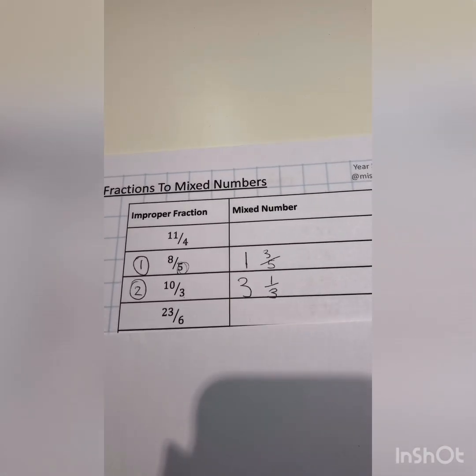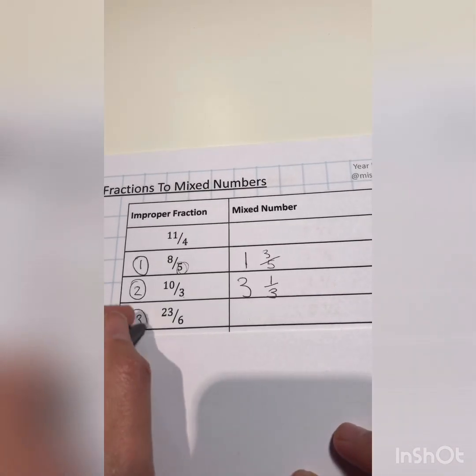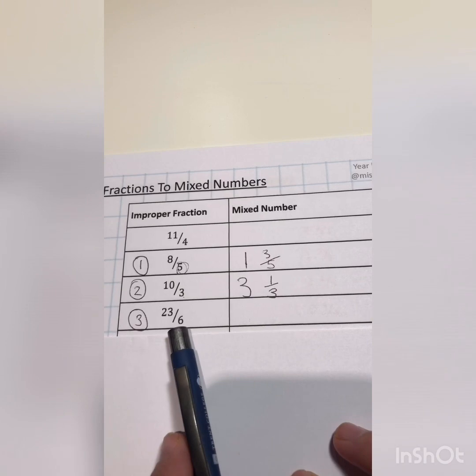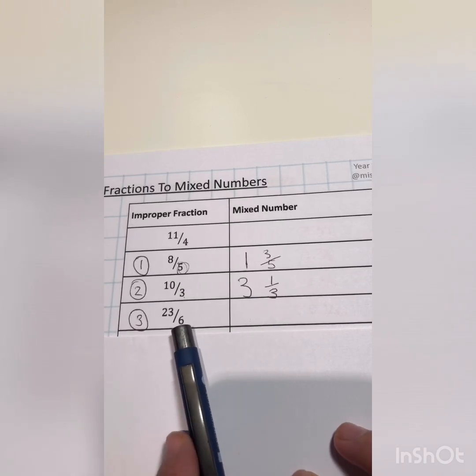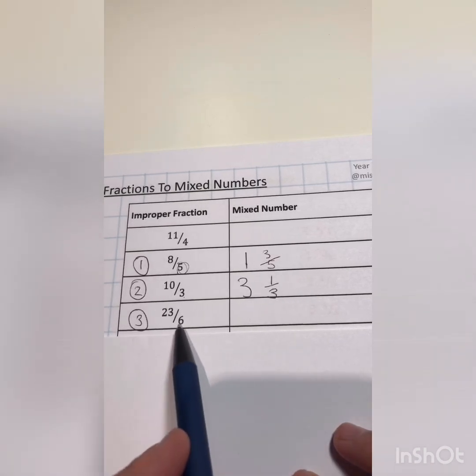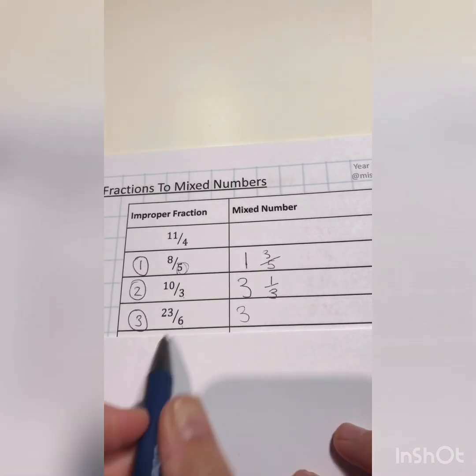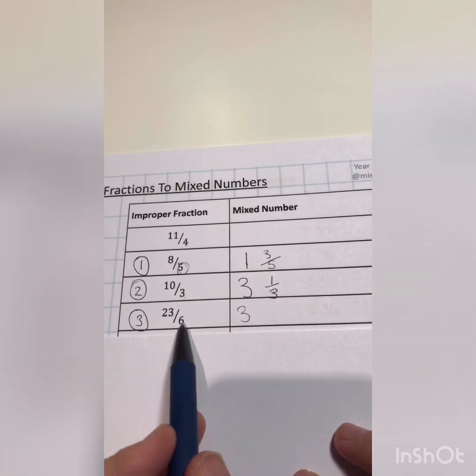Try this one. Tiny bit harder, but if you know your 6 times tables, you see this is all about your times tables. How many times does 6 fit into 23? Have a go. Okay, did you get it? I know my 6 times table, so I know that 6 times 3 is 18. 6 times 4 is 24, it's too high.